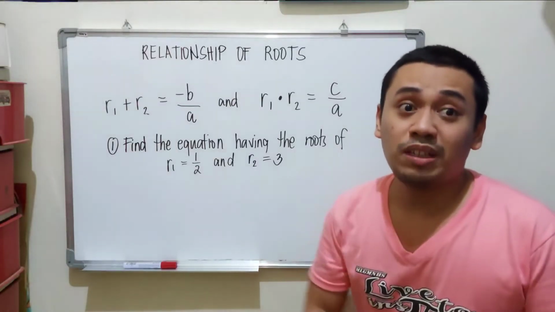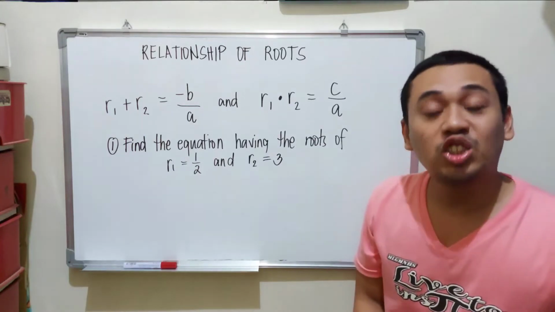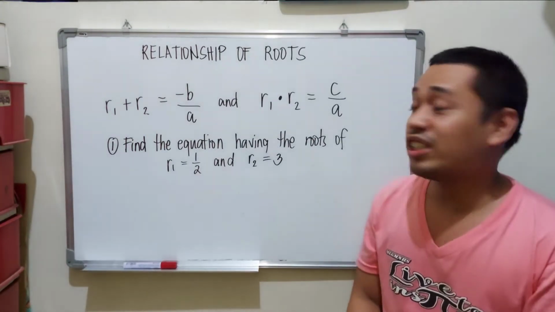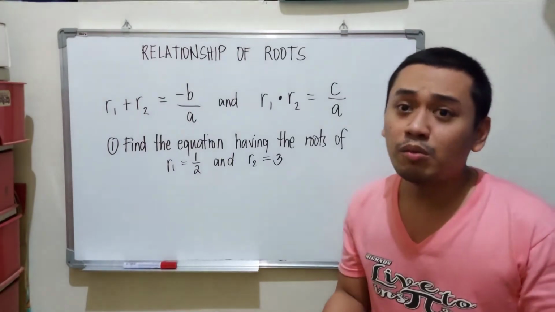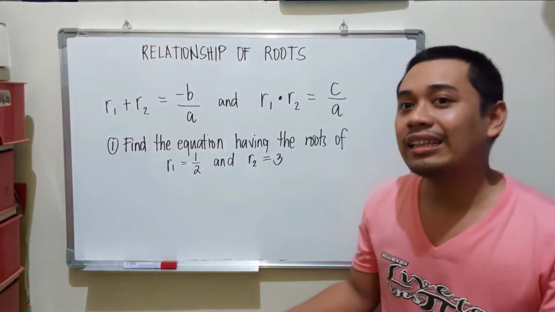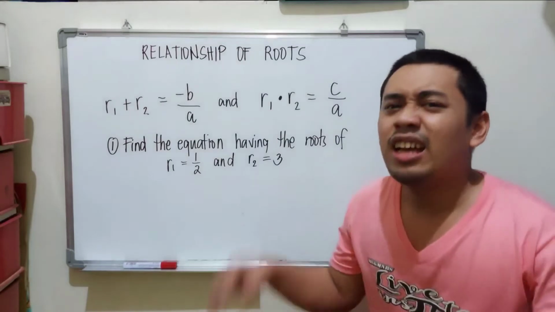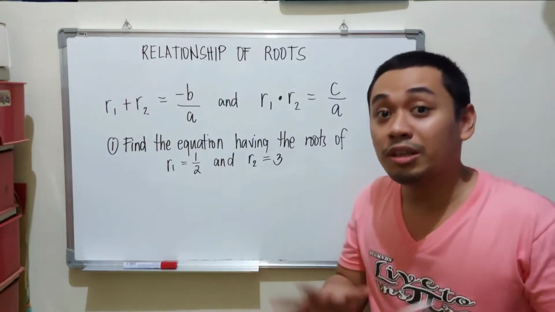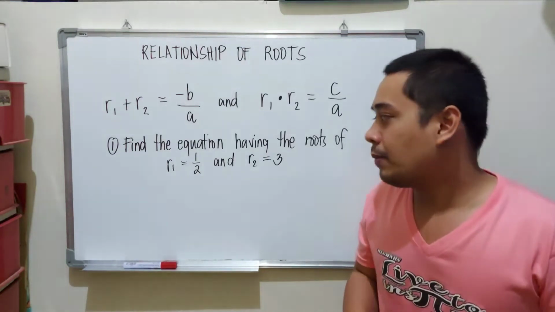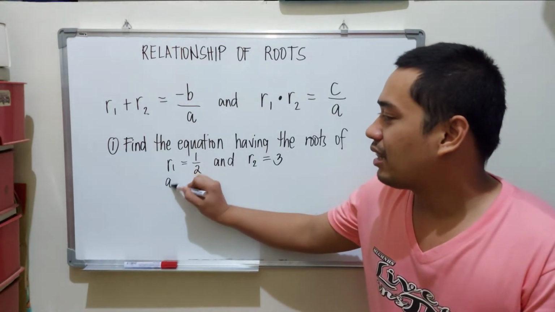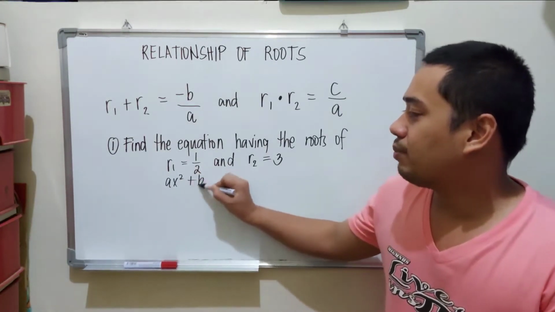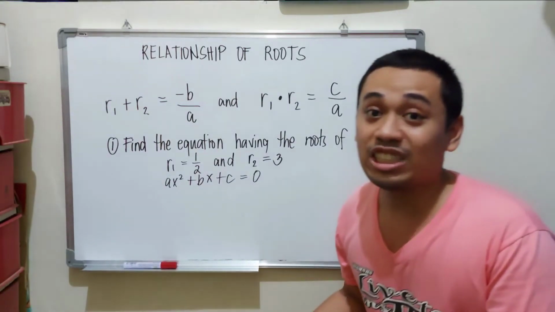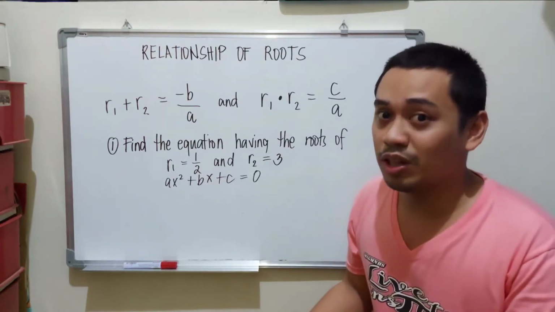Of course, someone will ask, what if the roots have fractions? Let's have an example. Find the equation having the roots R1 is 1/2 and R2 is 3. The process is still the same, except that we are going to manipulate fraction numbers. So, we have ax squared plus bx plus c equals 0, our general form of the quadratic equation.